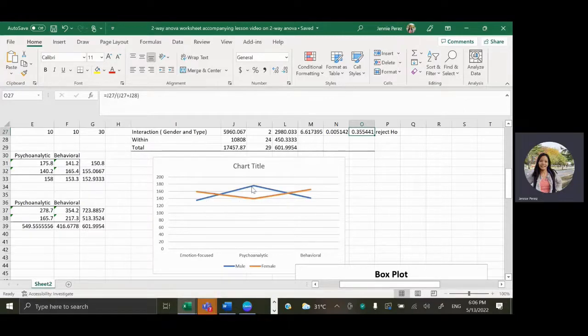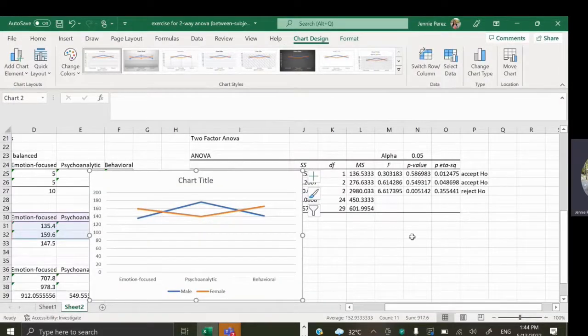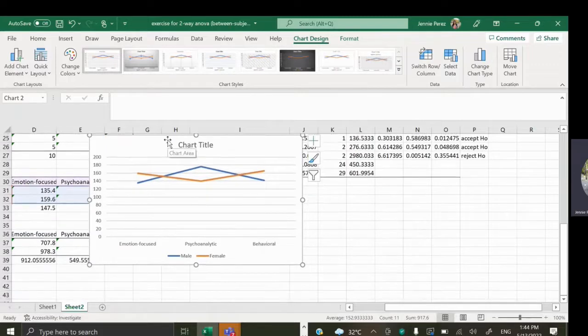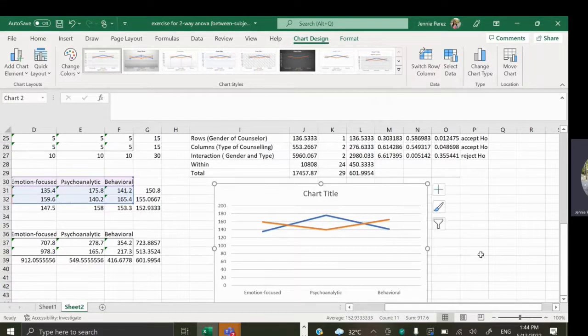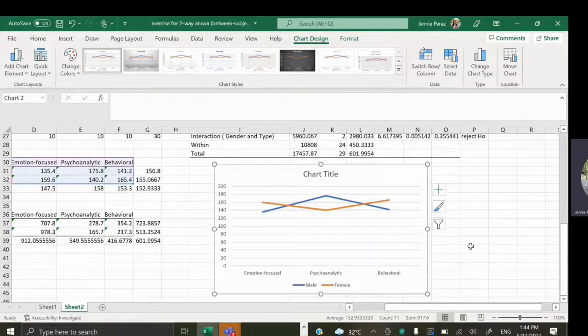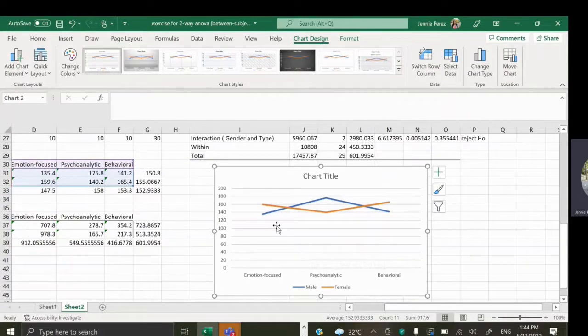Now we can see that based on our analysis of variance, there is no significant difference in grieving scores across types of counseling used. So therefore, there is no main effect of type of counseling.